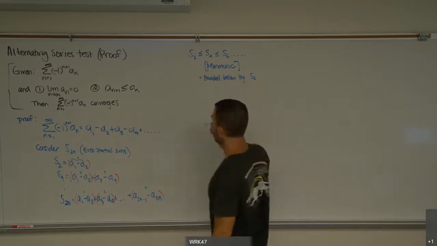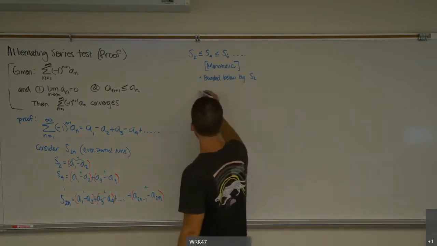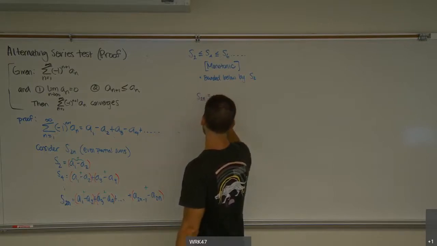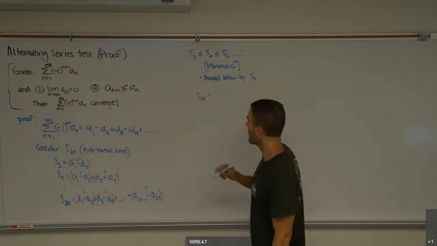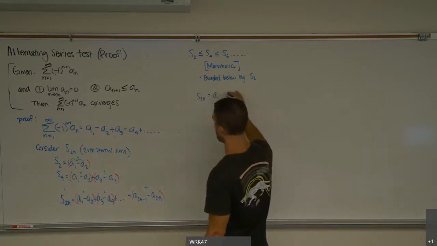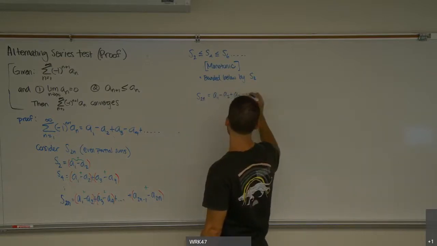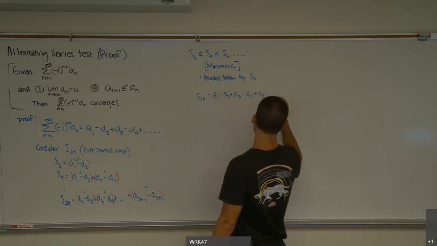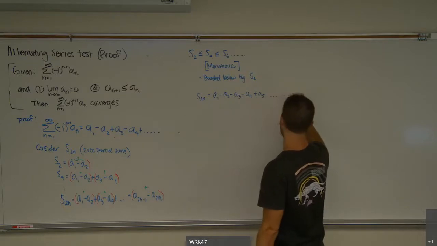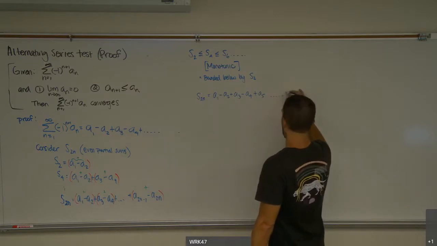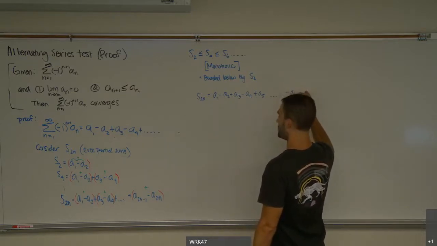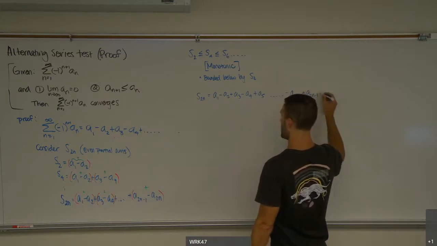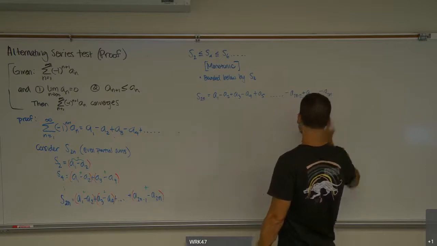And so what I'm going to do now is rearrange this partial sum. I'm going to write it out, A1 minus A2 plus A3 minus A4 plus A5 minus A6, dot, dot, dot, minus A2n minus 2 plus A2n minus 1 minus A2n.